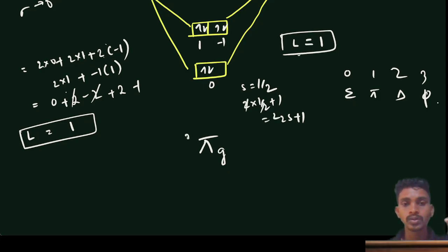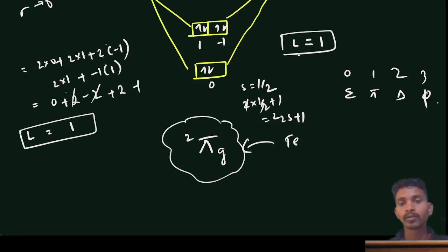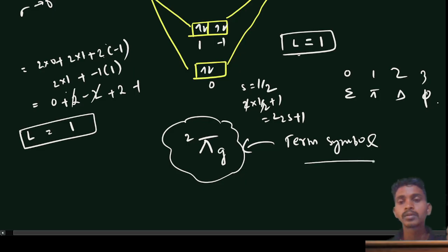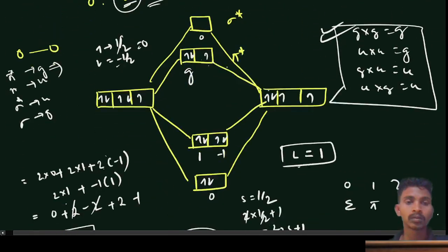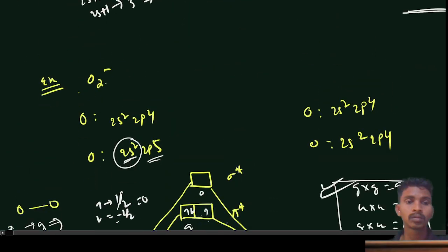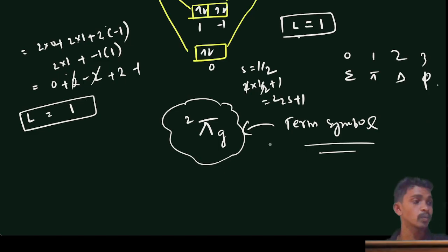Okay, so this is 2. So this is the term symbol for O2 plus. Okay, so for O2 minus.